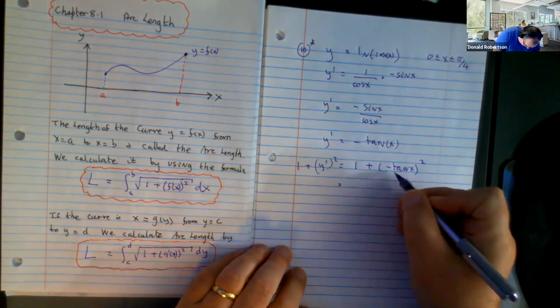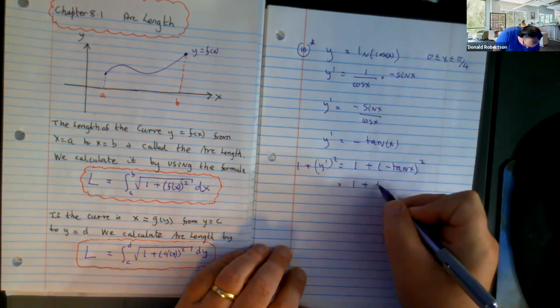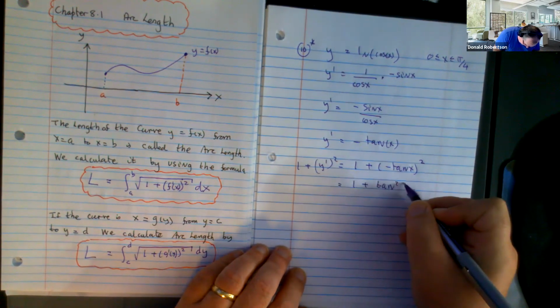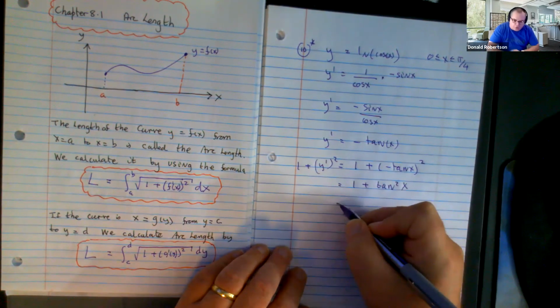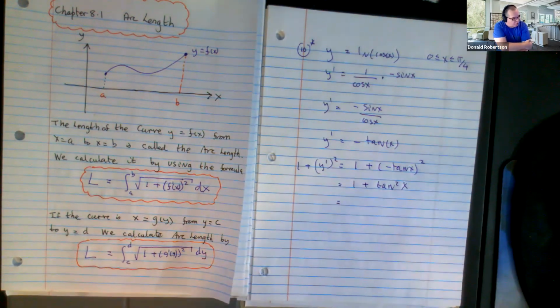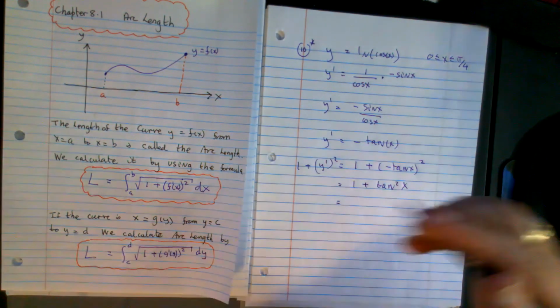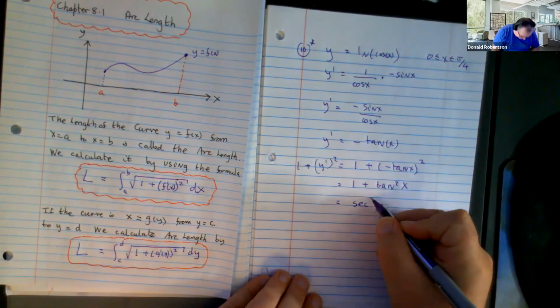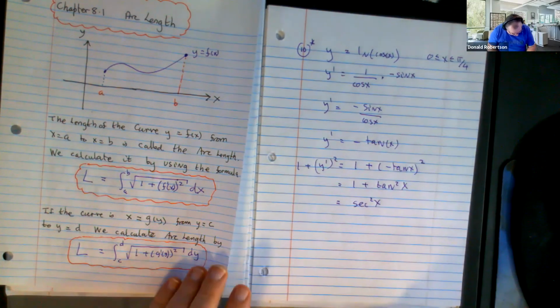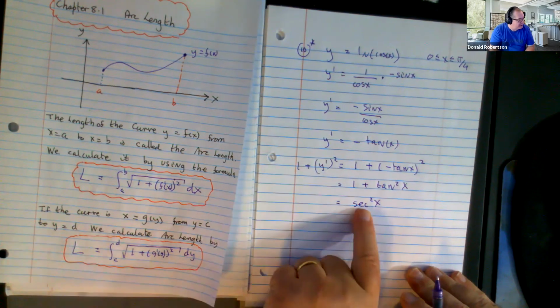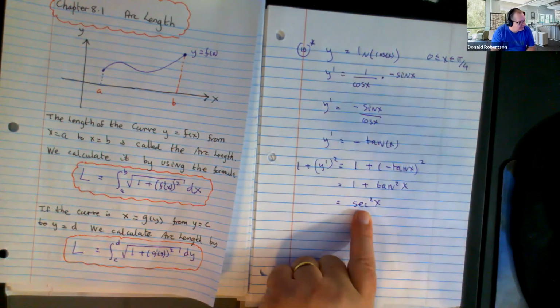And negative tan times itself is just plus tan squared. Do you know anybody who looks like 1 plus tan squared? Secant squared. Agreed. So haven't we made this a perfect square, but for a totally different technique?